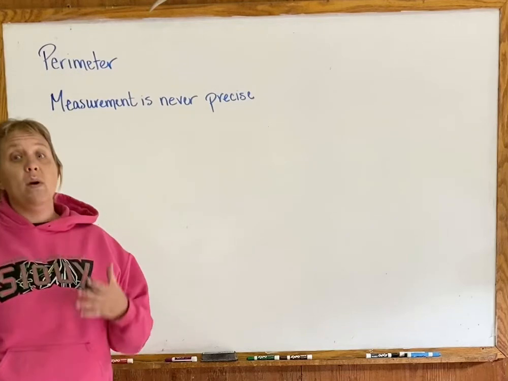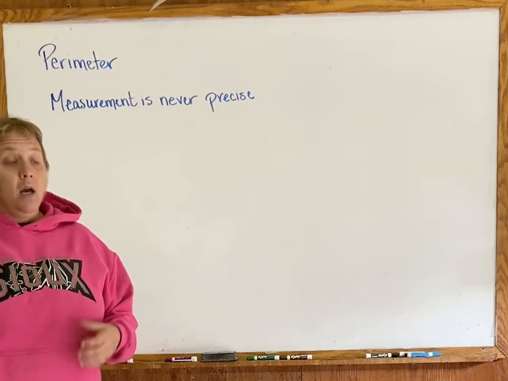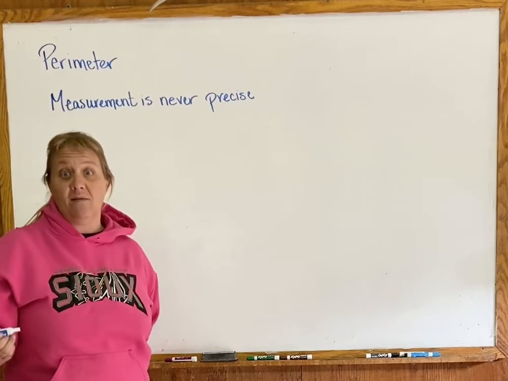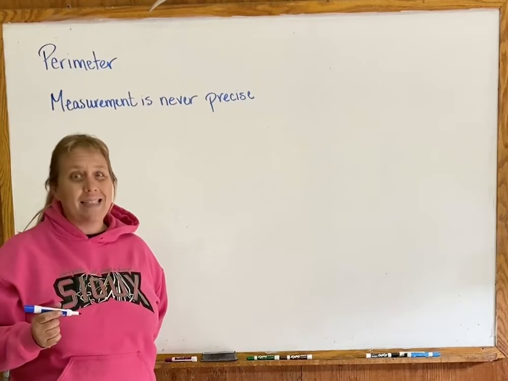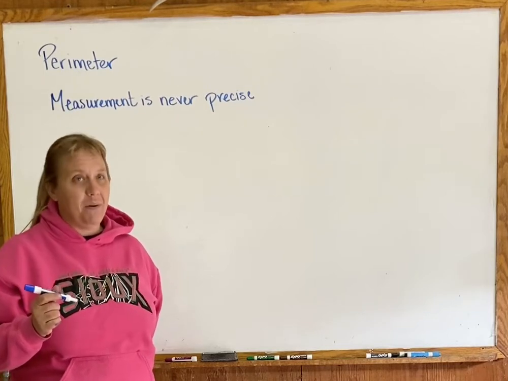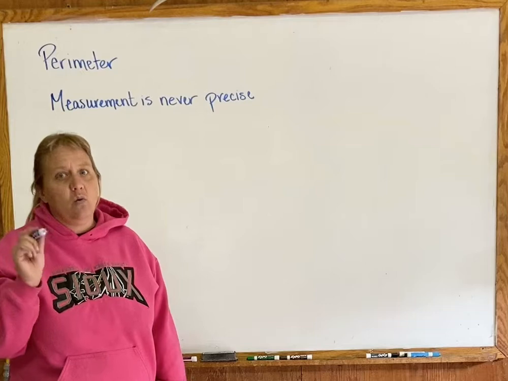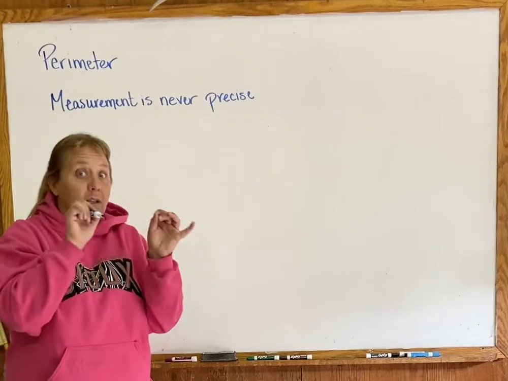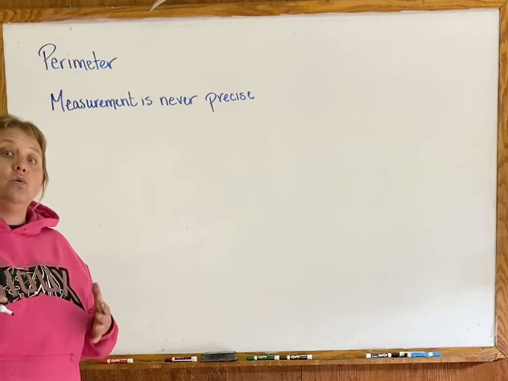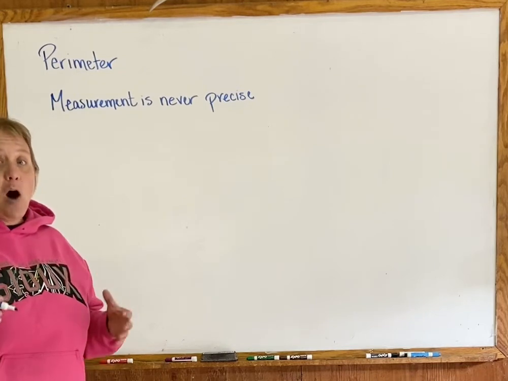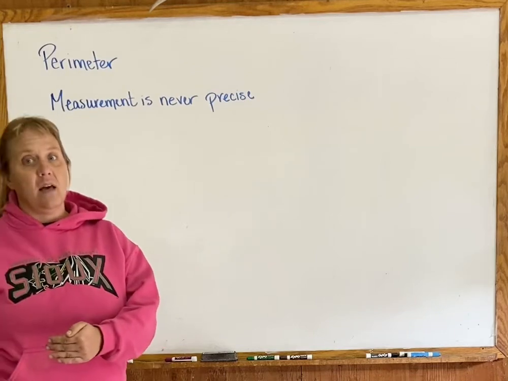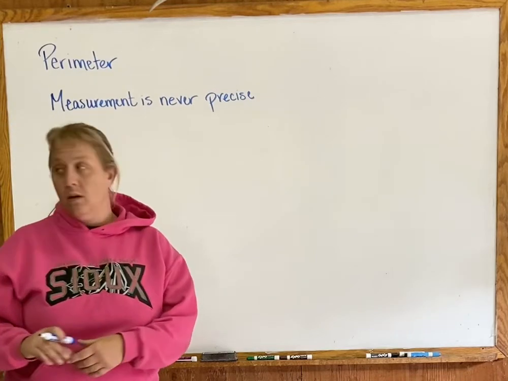But you can always go with more precision. As an example, if you were to ask me how tall I am, I would just say that I'm 5'7". I am not exactly 5'7". I might be 5'7" and a quarter. But even then, I'm probably 5'7" and a quarter and a little less than a quarter. Depending on what I use to measure my height, how precise the instrument is determines how precise the measurement is.